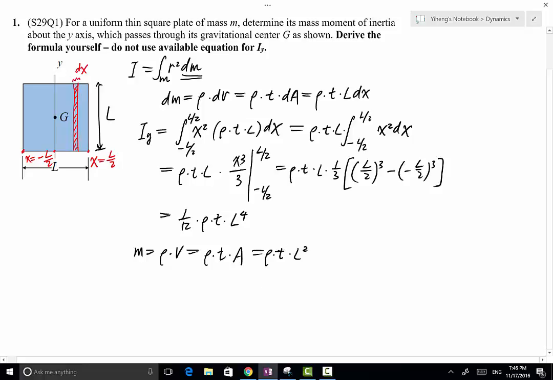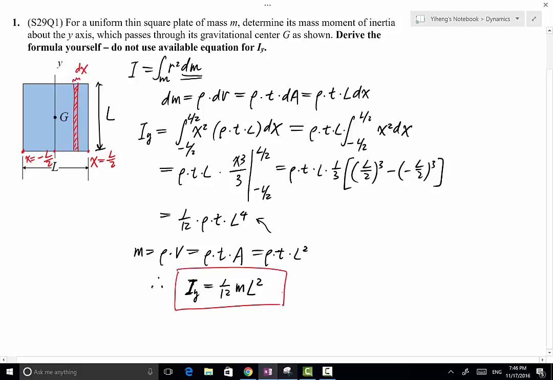Therefore, if m equals rho t L squared and Iy equals 1/12 rho t L to the fourth power, we can substitute m equals rho t L squared into this equation that we just derived. Iy in this case equals 1/12 m L to the second power. So that is the answer to this problem. And now we have derived this formula.